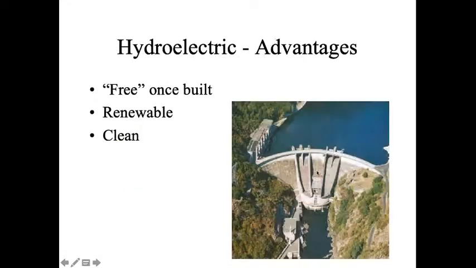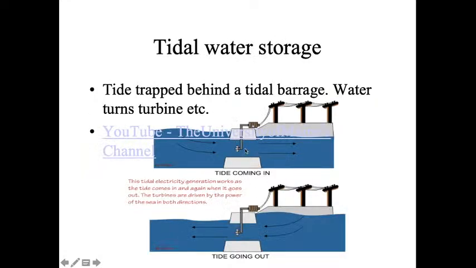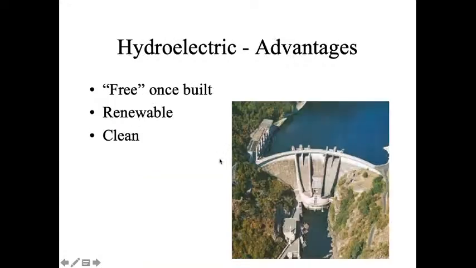That one's a dam, but as the tide shifts with the moon, it's going to move with some kinetic energy, and that kinetic energy is going to turn this turbine and generate electricity in the generator. It goes both ways, which is quite impressive.